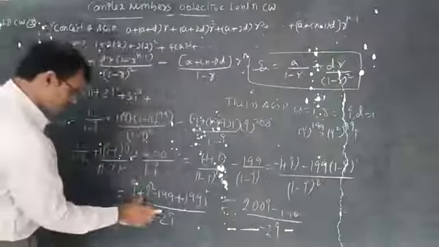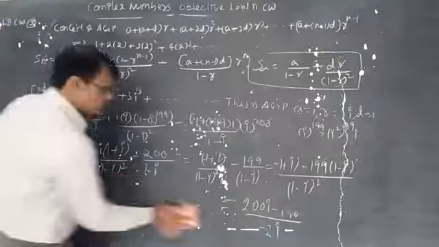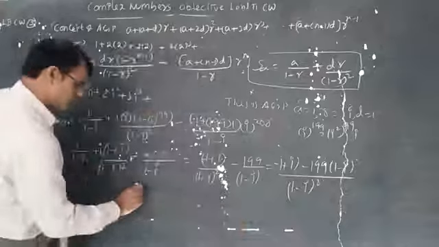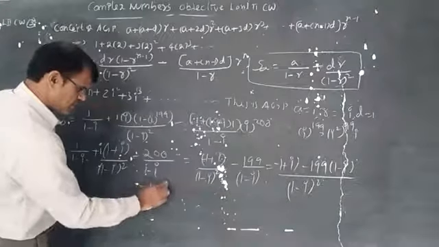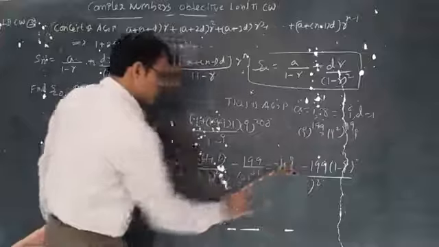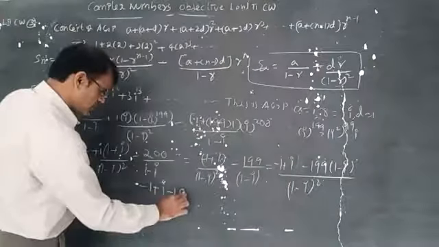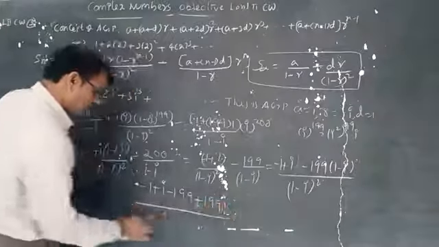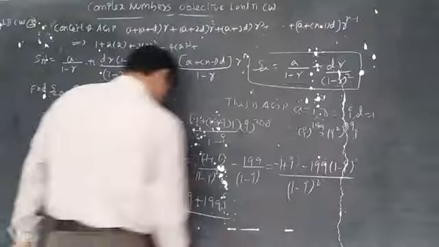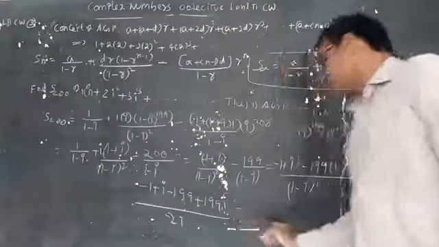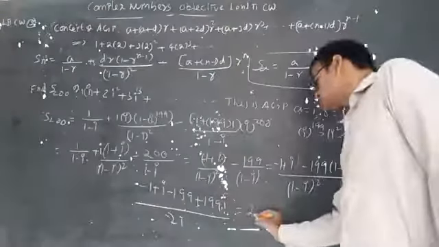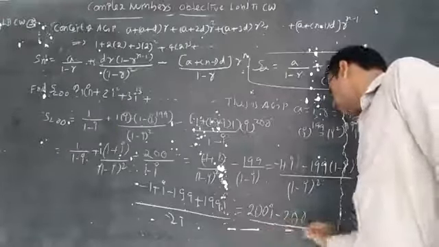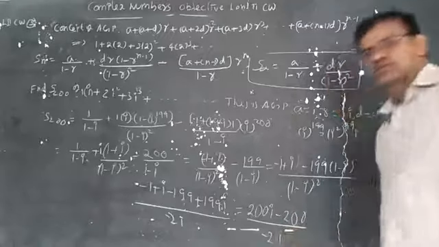i minus 1 we can write. Minus 1 plus i, minus 199 plus 199i, divided by minus 2i. That is equal to 199i plus i becomes 200i, so 200i minus 200, whole by minus 2i.